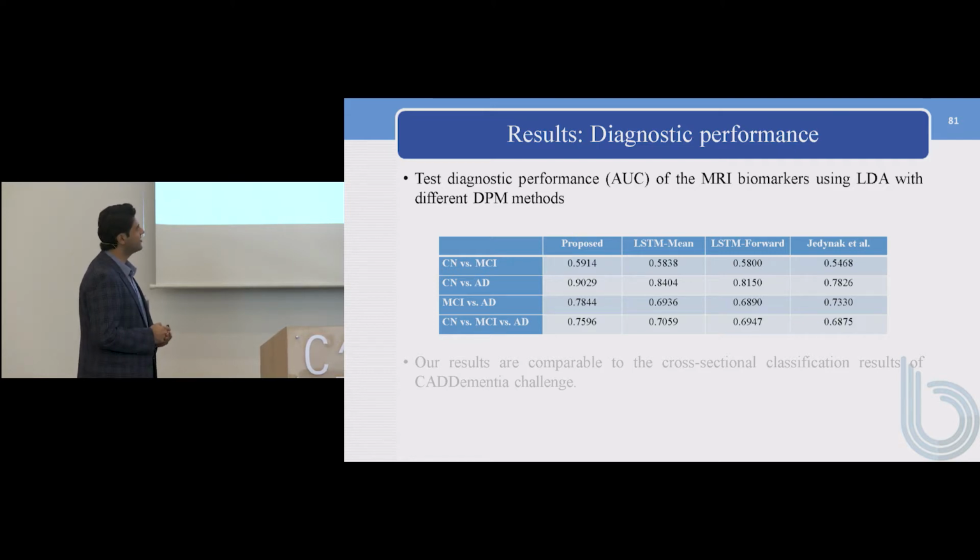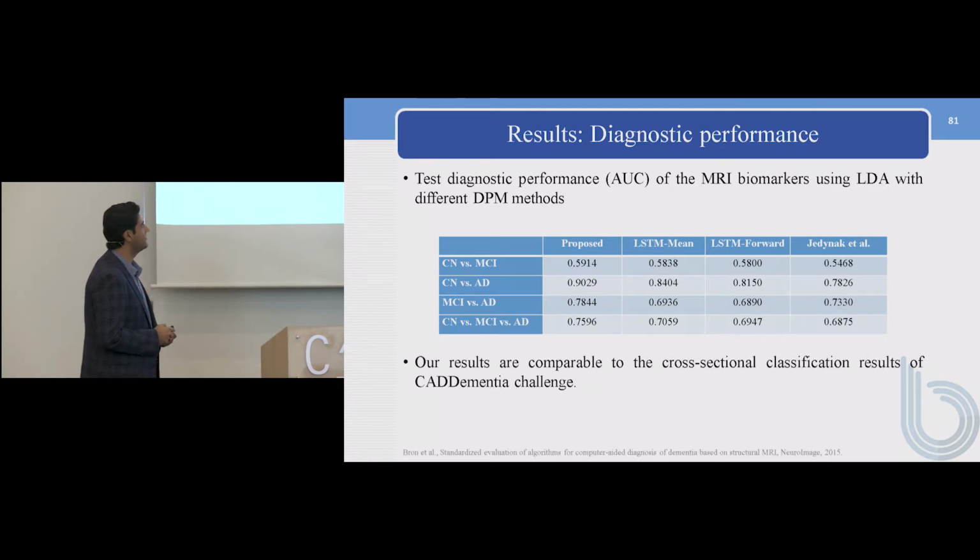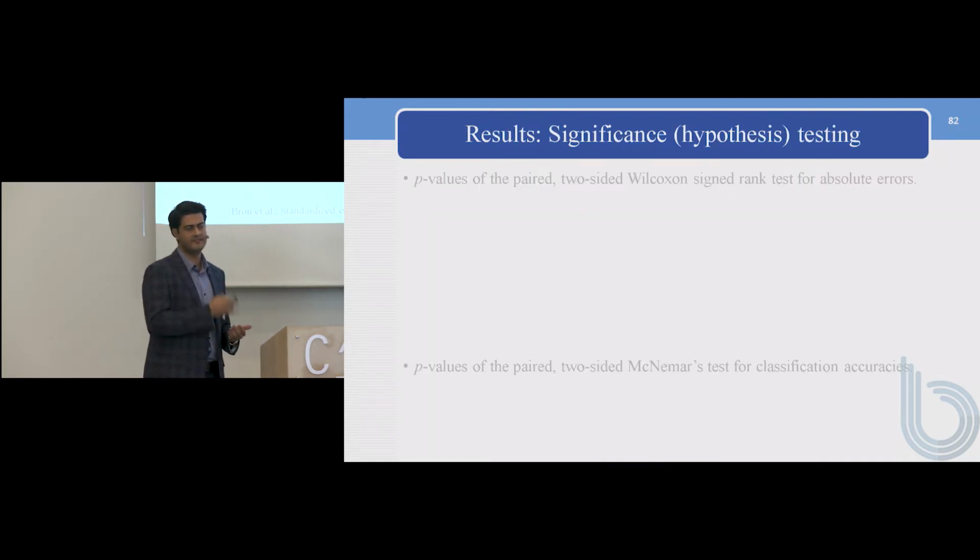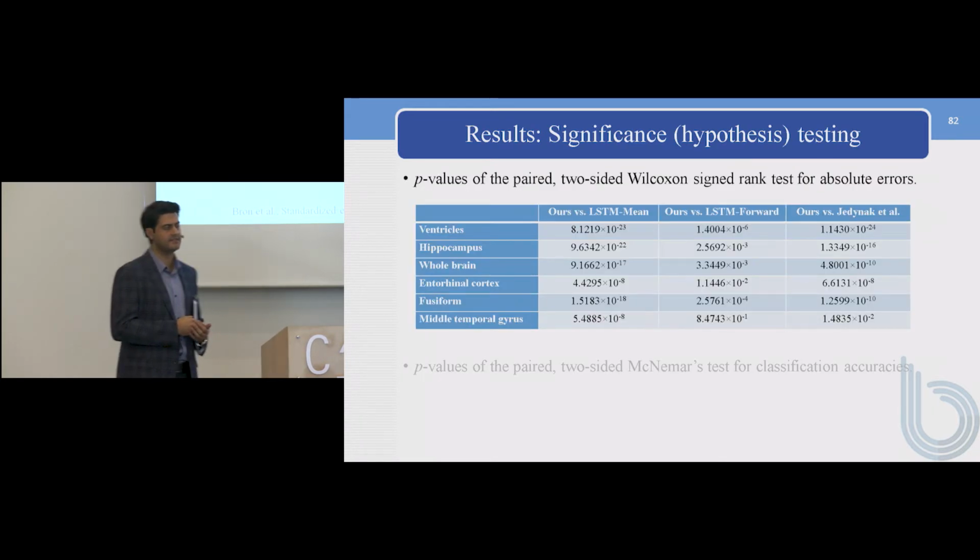As you can see, in classification performance our method also outperforms other techniques. The results of our method are comparable with those of the CADDementia challenge, whose top 5 were between 0.75 and 0.79.